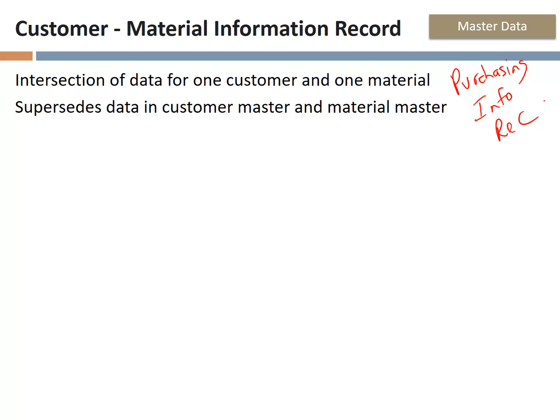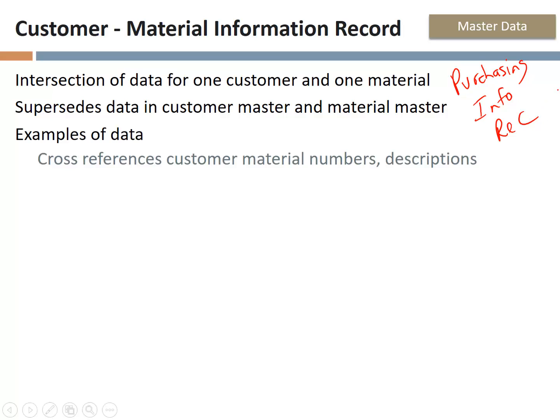Well, same exact concept here, but notice the name is different. It's kind of a non-uniform naming convention. In purchasing, we call it the purchasing info record. Therefore, it would make sense if this were called the sales info record or the fulfillment info record, but it's not. This one's called the customer material info record.